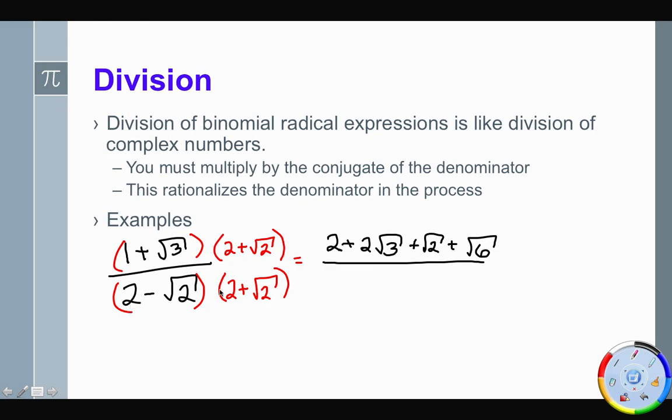Then we go 2 times 2 is a 4. 2 times minus root 2 is a minus 2 root 2. 2 times a positive root 2 is a plus 2 root 2. And then minus root 2 and plus root 2 make a minus 2, which we can then simplify. Well, the numerator doesn't really do anything.